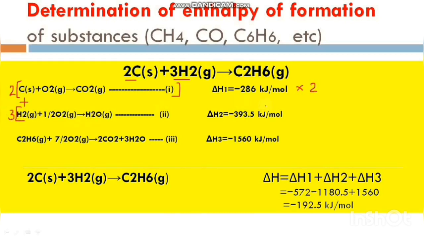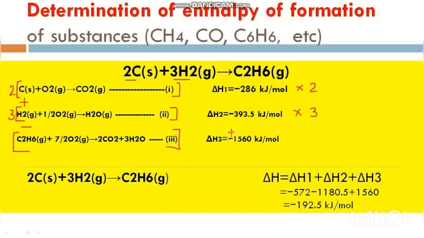1180.5 kilojoule per mole. The third equation is subtracted because in the required equation ethane is on the product side, and its enthalpy value delta H3 will also be reversed and it becomes plus 1560 kilojoule per mole.